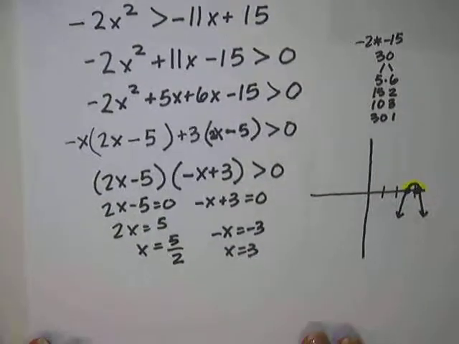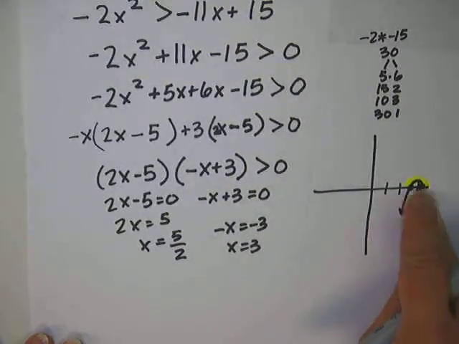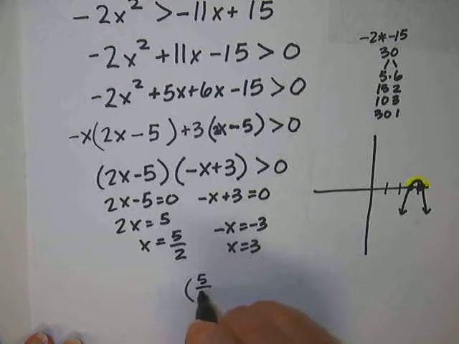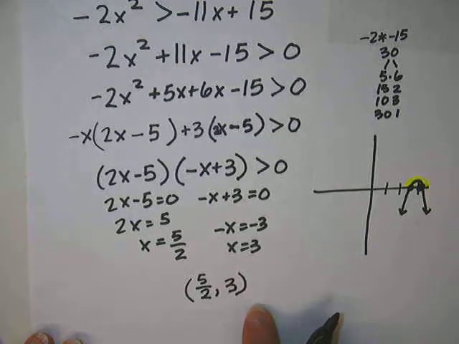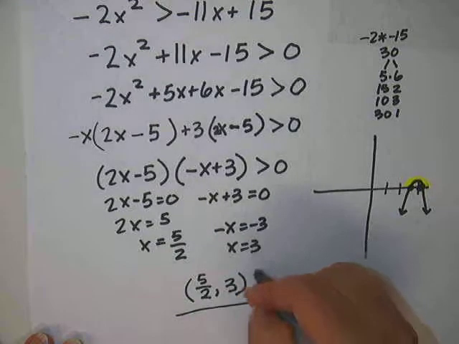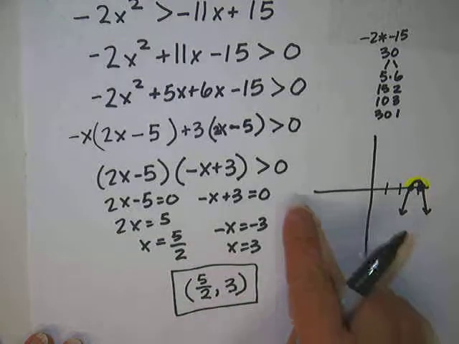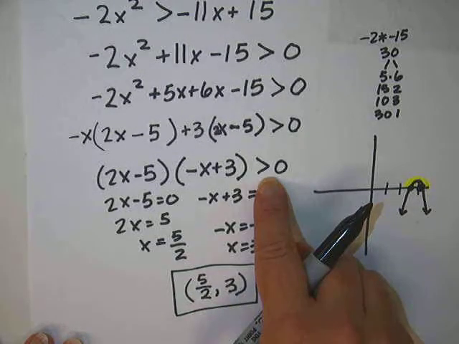So it's above, but this time, because the parabola is going upside down, it's going to be this piece in between those 2 points instead of a point from negative infinity and then a point to positive infinity. Okay? So our answer on this problem will simply be between these 2 points. One of the points is at 2.5, or 5 halves, and the other point is at 3.